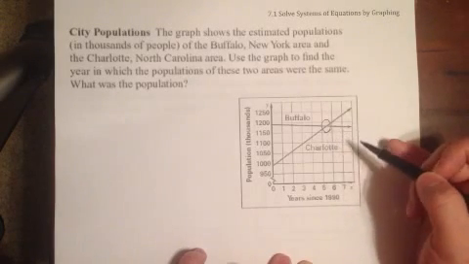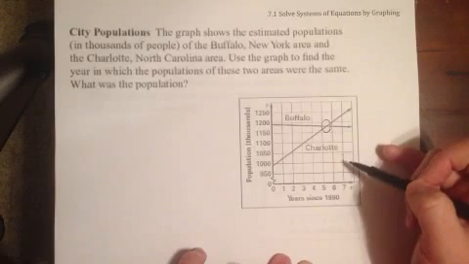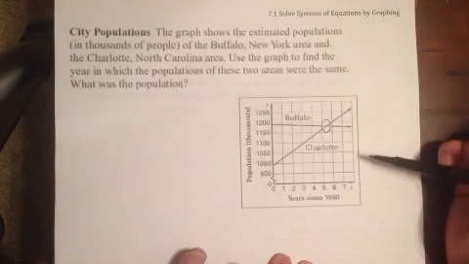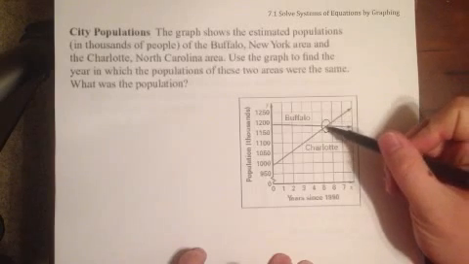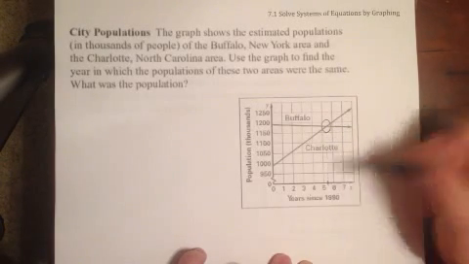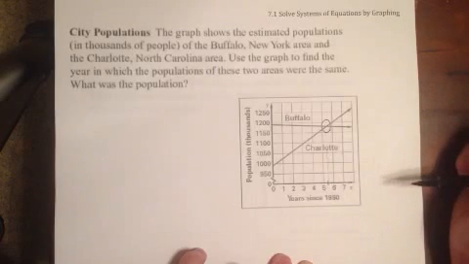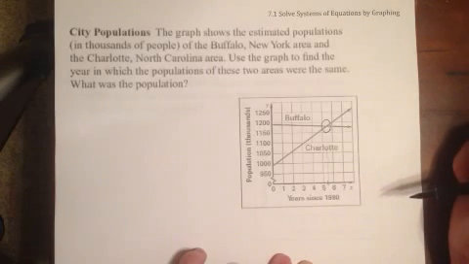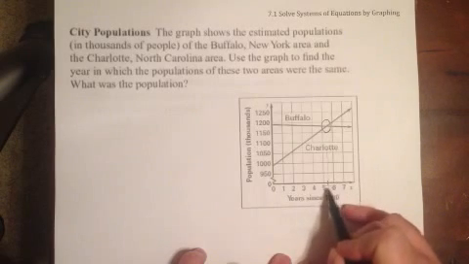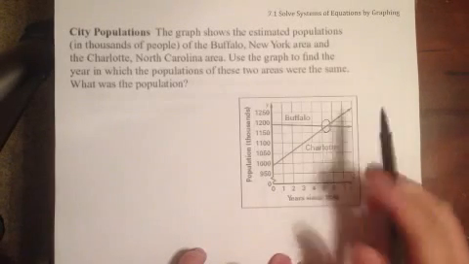Now this is one where from this graph we can't tell exactly what the year and the population were, but we can get a pretty good idea. If we pull down from this point, it's somewhere between 1995 and 1996 that they were the same. It's a little bit closer to 5 than 6, so early, almost to the midway point of 1995.